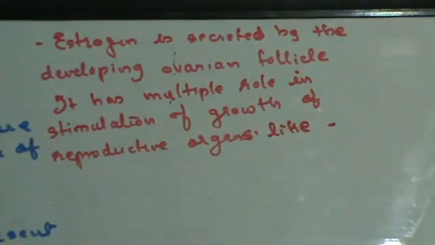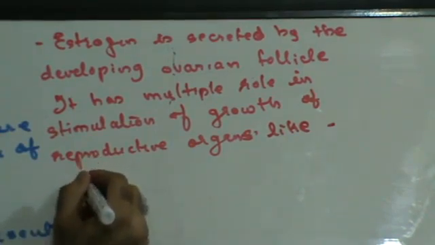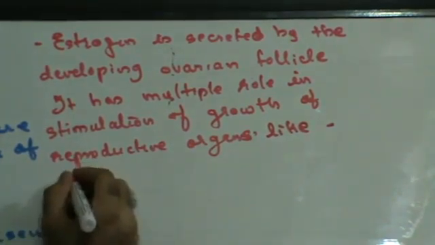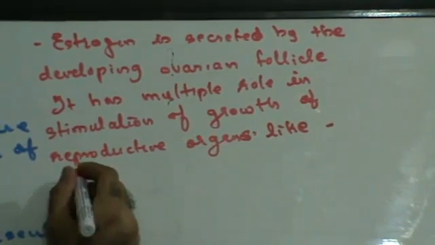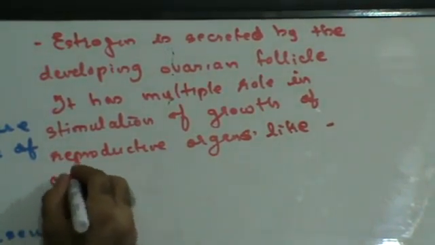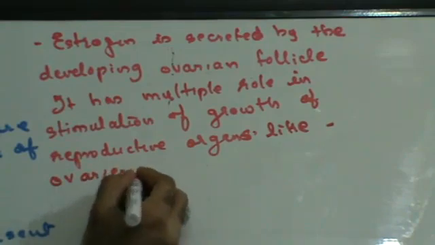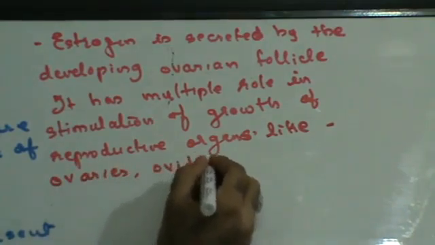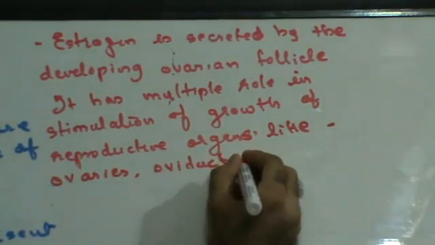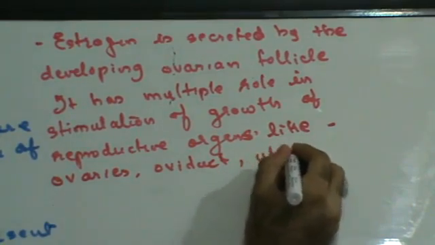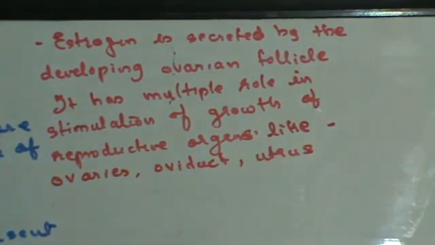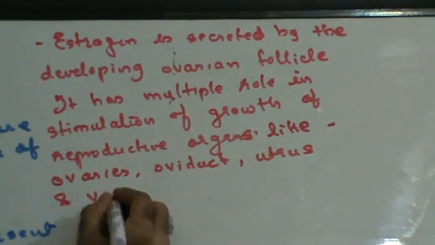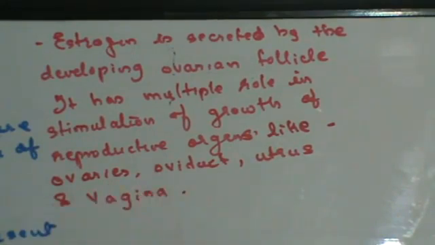The growth of your reproductive organs is controlled by this particular hormone, like ovaries, oviduct, uterus, and vagina. These organs are developed with the help of this particular hormone, which is called estrogen.